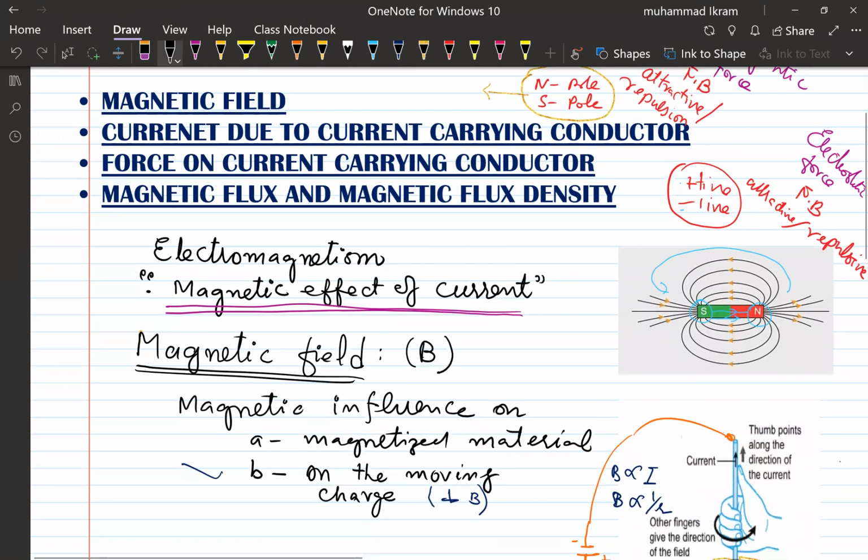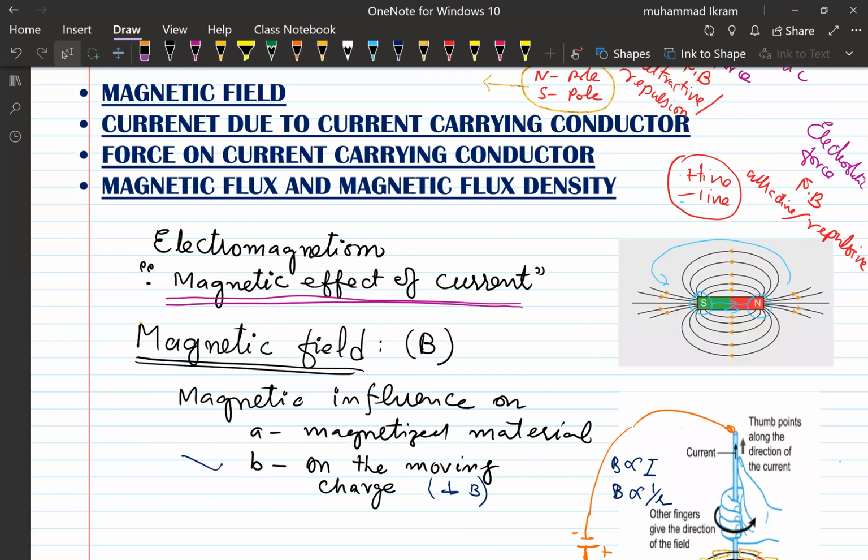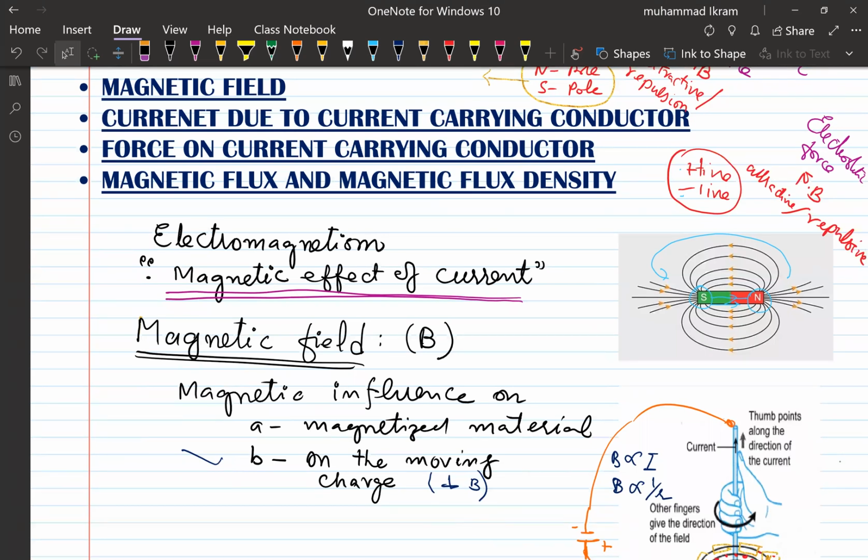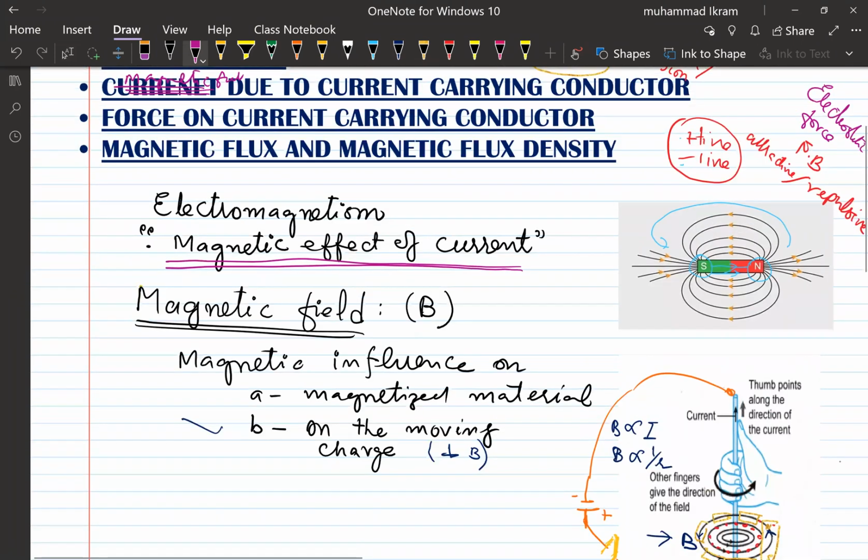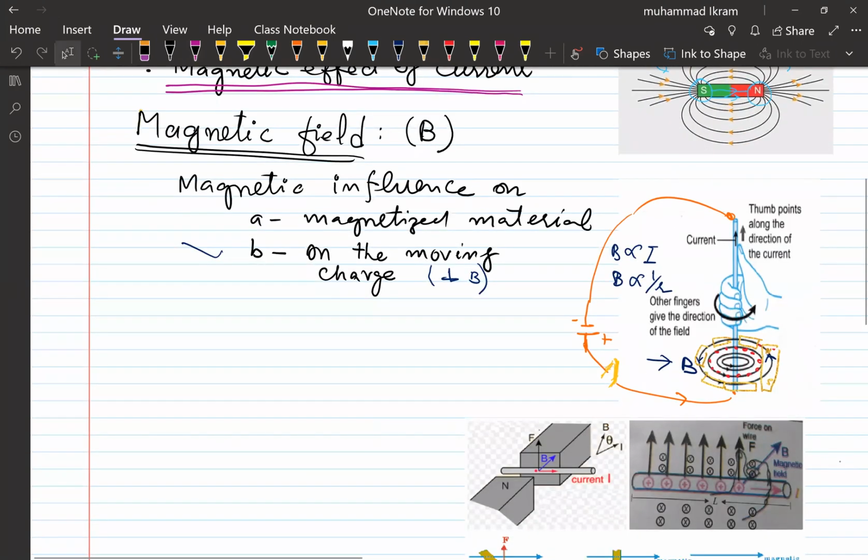I'm so sorry class, this is not current, this is magnetic field due to current carrying conductor.